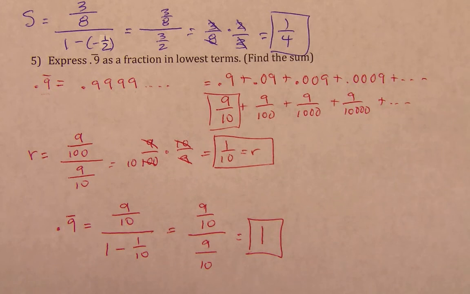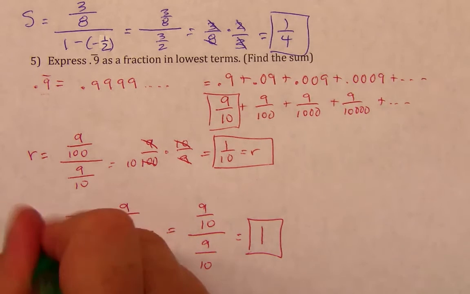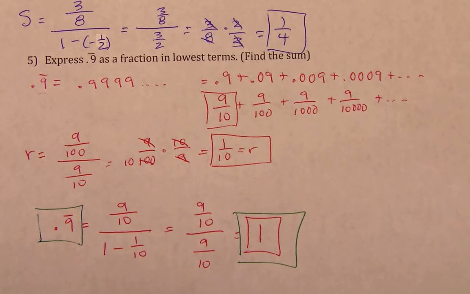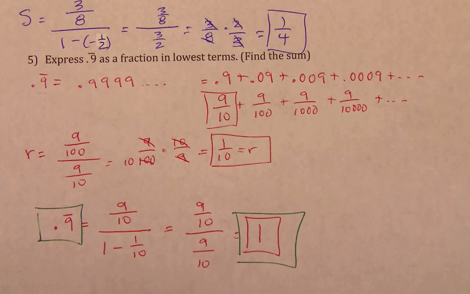So what we've just shown here is that this is equal to 1, and if we can sum up all of those digits of that decimal off to infinity, we would get that being equal to 1. And that is the end of section 3 in chapter 10.